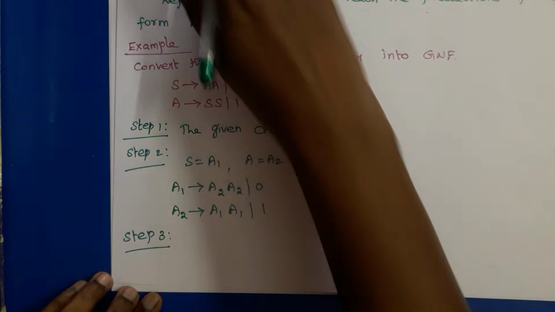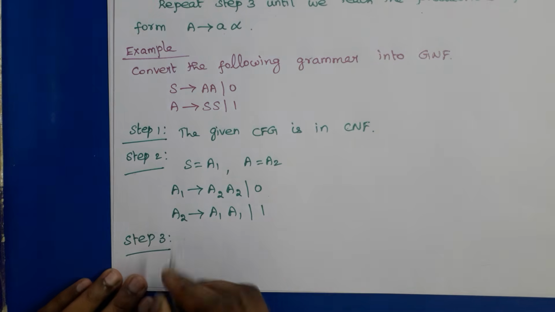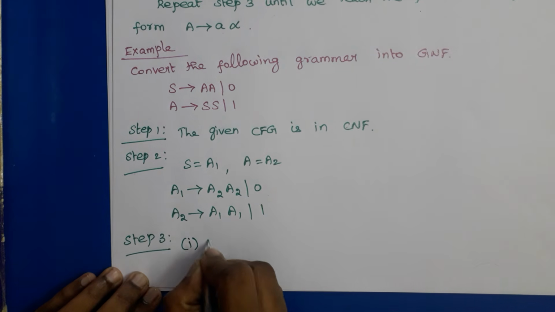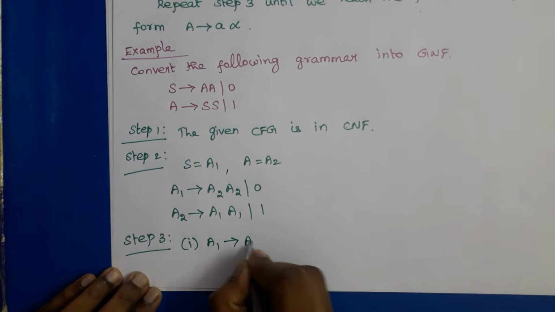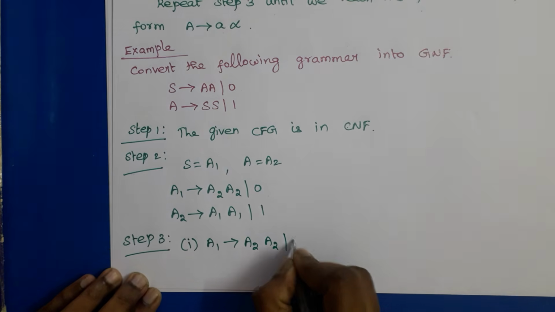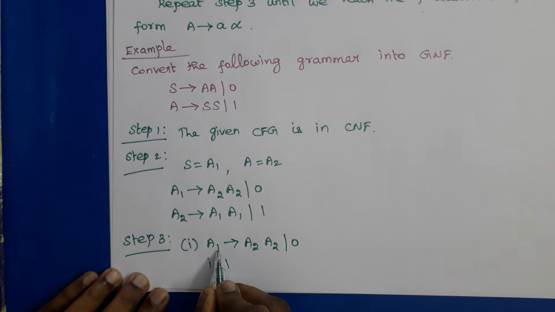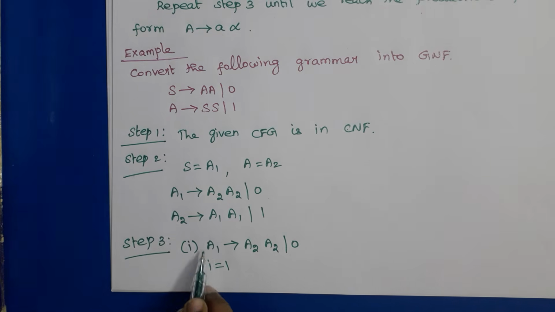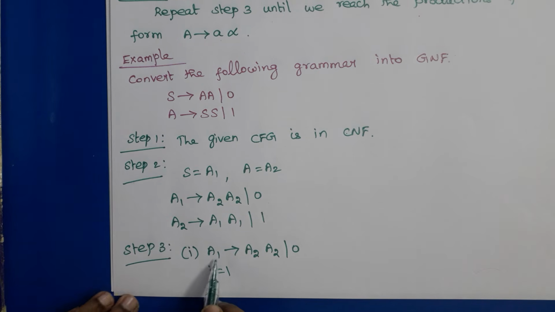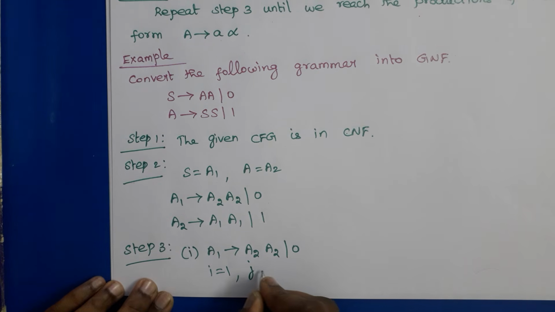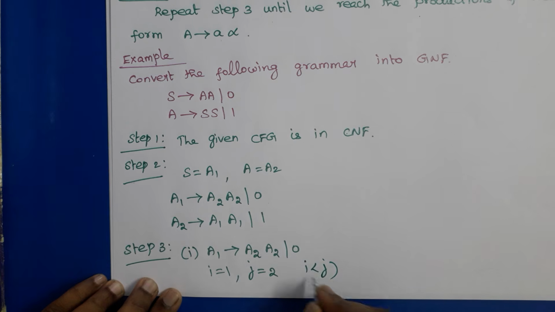So first consider the first production. So A1 tends to A2 bar 0. Here i is 1, because it is the subscript of the head of the production. So 1. Then j equals the first symbol in the right hand side, so 2. So here i is less than j, right? i is less than j case.